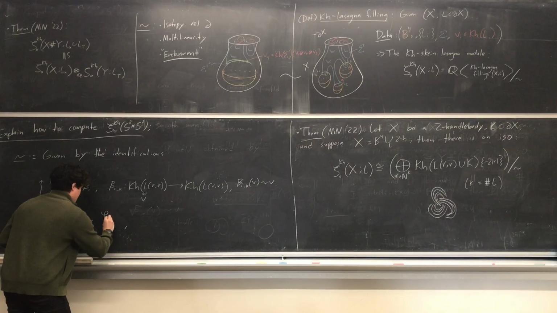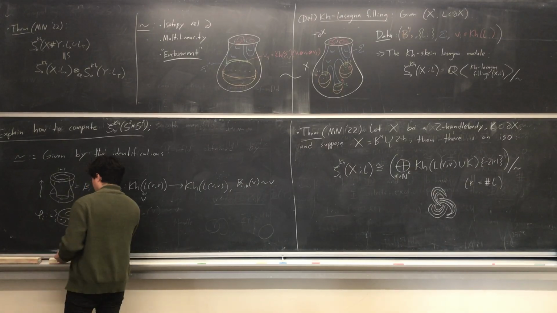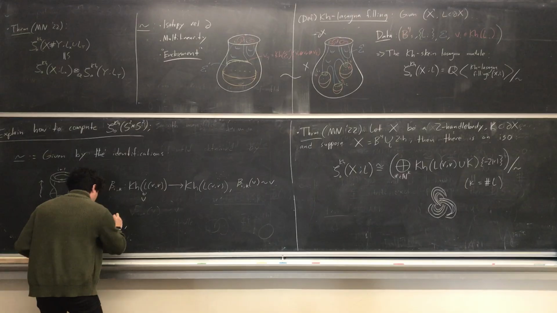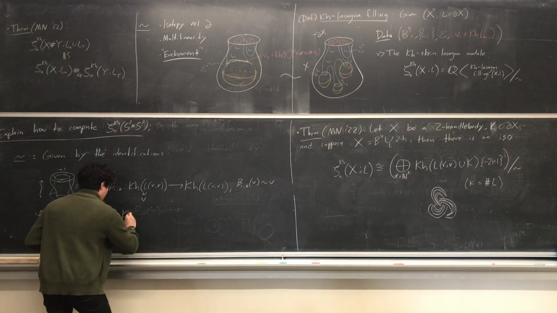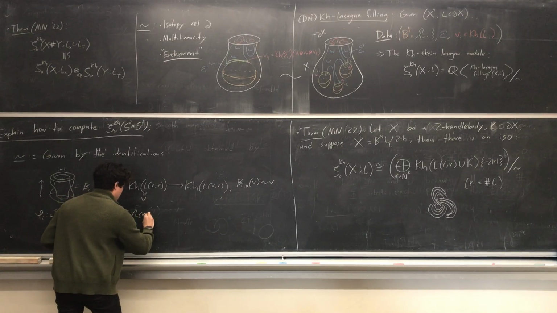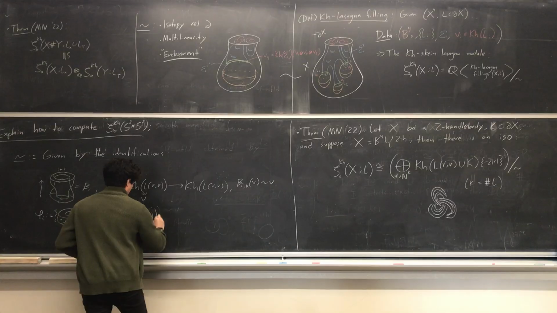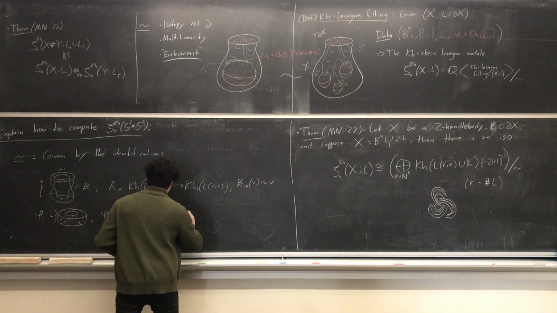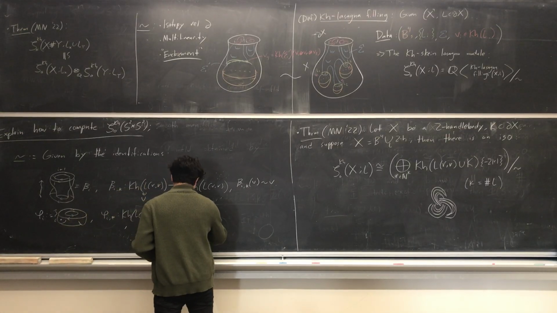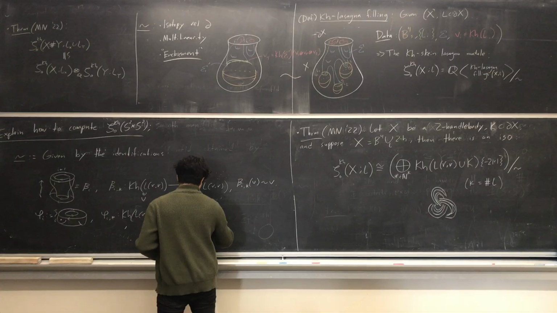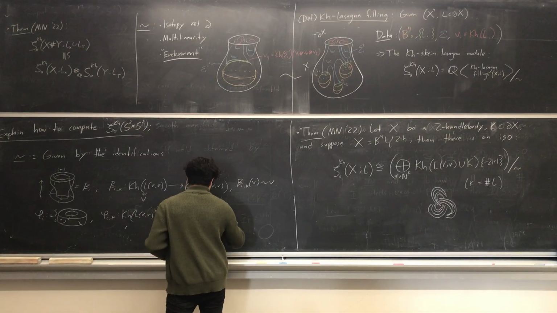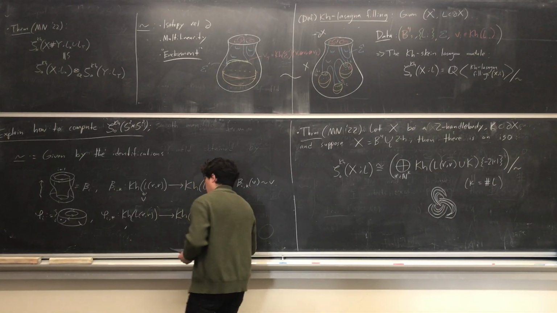So this bundt cake map induces a map from the Khovanov homology of the r, r cable to the Khovanov homology of the (r+1), (r+1) cable.